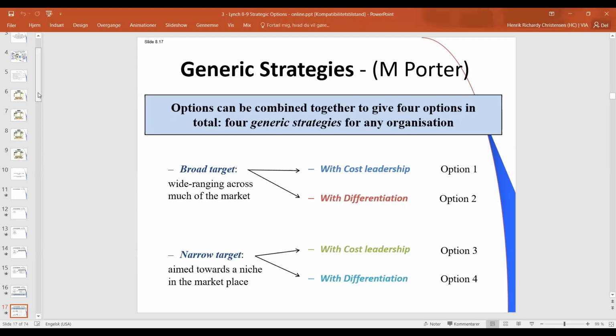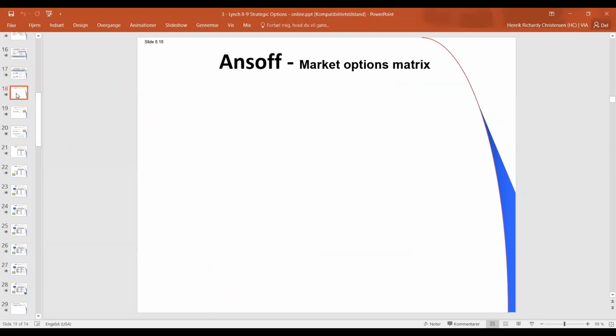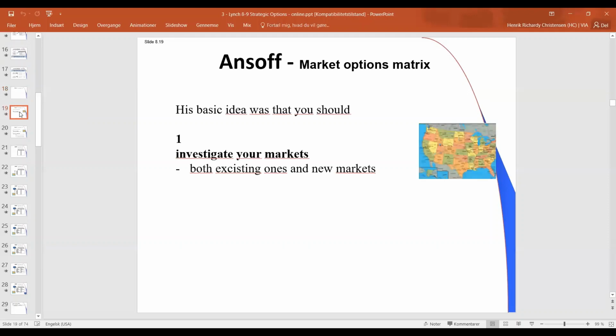Okay, let's move on to the next guy called Igor Ansoff. He has suggested that another way to look at the marketplace is kind of to look into what he calls market options. And it's very, very simple, these ideas of his.